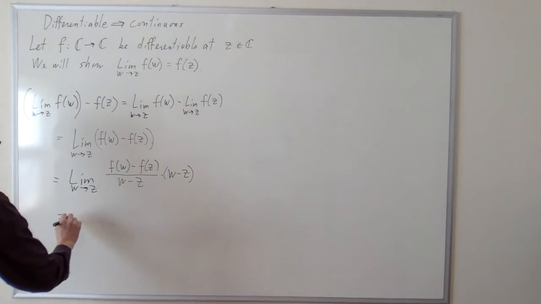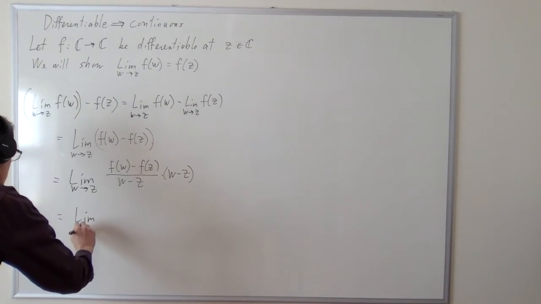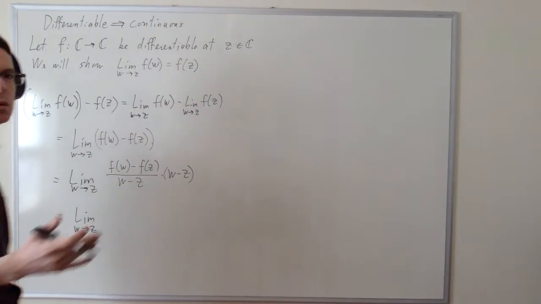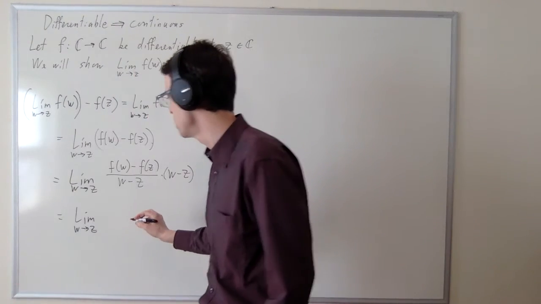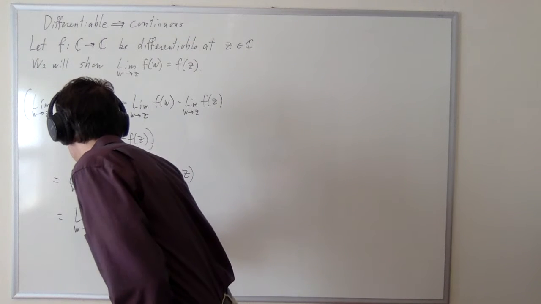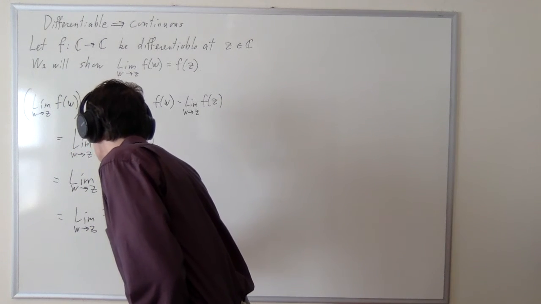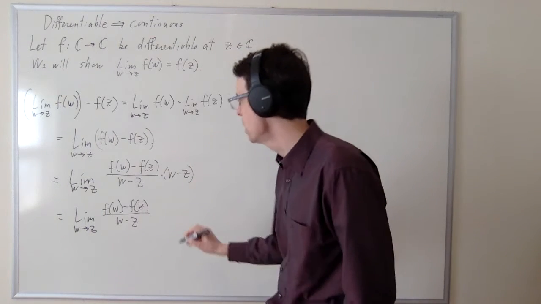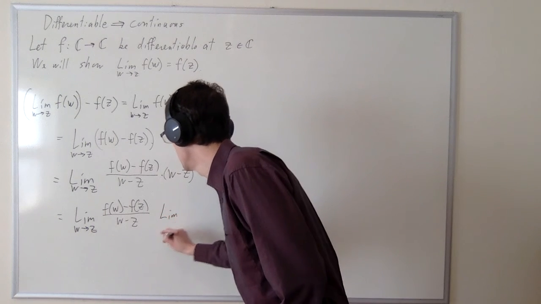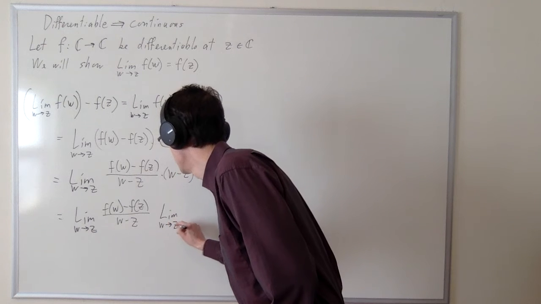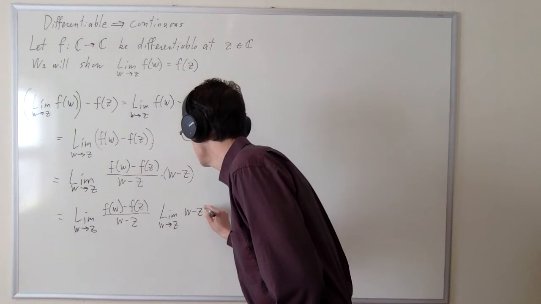So what does the limit law say? We're going to apply the limit law for products, which is one of the reasons why we worked so hard to prove it. We're going to get the limit of f of w minus f of z over w minus z, and that's supposed to look familiar, times the limit as w goes to z of w minus z.